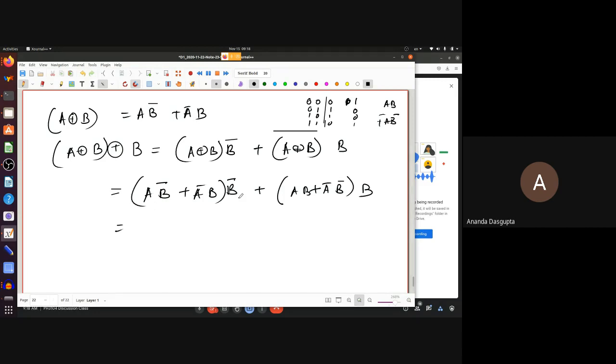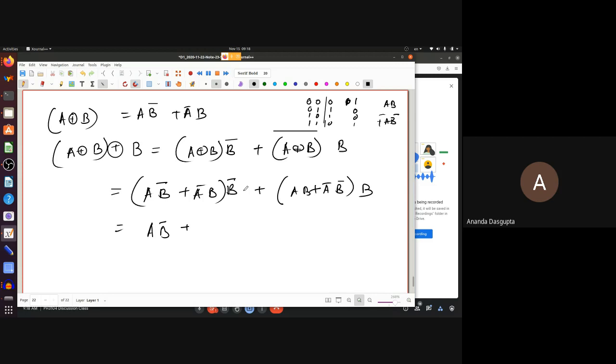Now use Boolean algebra. AB bar times B bar is just AB bar, right? Because B bar times B bar is B bar. On the other hand, A bar B times B bar, what is that? Zero, yeah, zero or false, because B B bar simply says B and not B, and that's simply not possible.